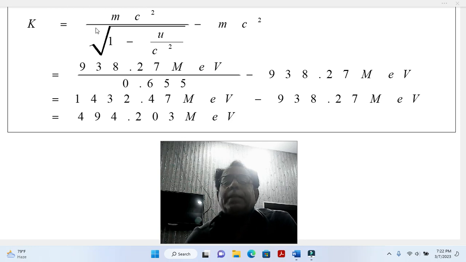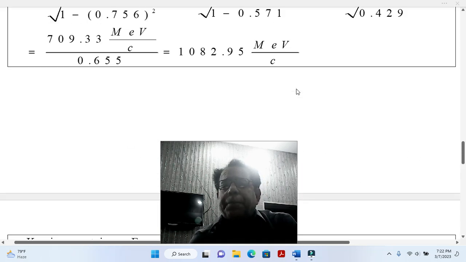Moreover, in the denominator, under root 1 minus u square over c square, we have already calculated the figure 0.655, so we have directly put this value in its place.